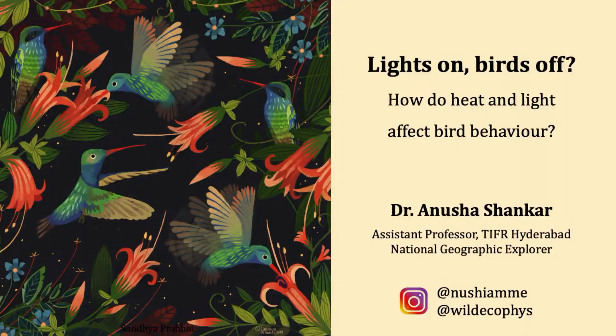Her lab studies show how tropical species such as sunbirds, nightjars, and moths manage their energetic needs amid changing environments, with collaborations in Arunachal Pradesh. Currently, her team is also exploring the effect of artificial light at night on nocturnal birds. Passionate about mentorship, she has guided over 30 students in recent years. Over to Anusha.